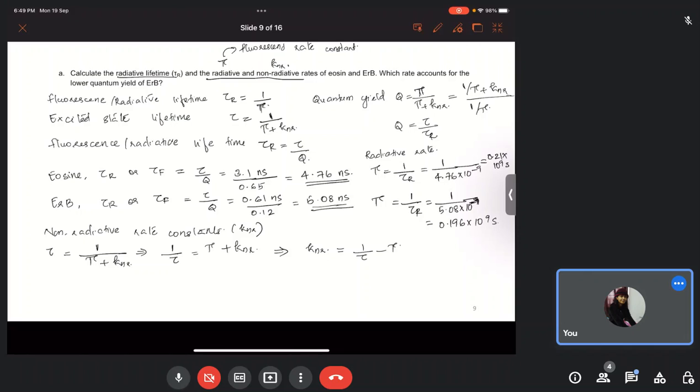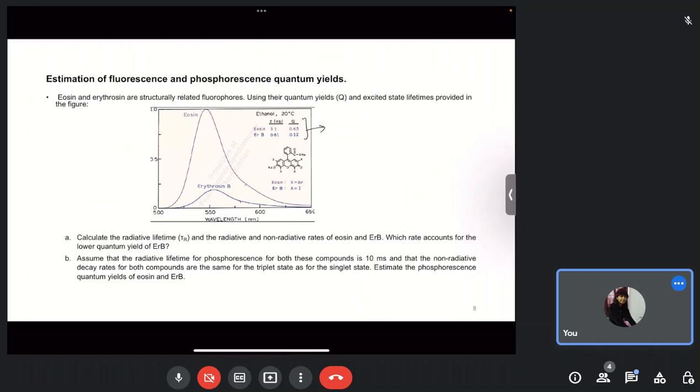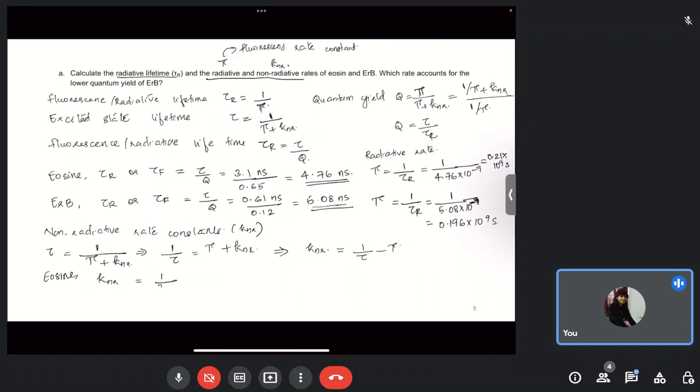Okay, so for eosin, KNR is equal to 1 by tau. Tau is the excited state lifetime. So for eosin, that is 3.1 nanoseconds. So 1 divided by 3.1 into 10 to the power minus 9 seconds, minus gamma.